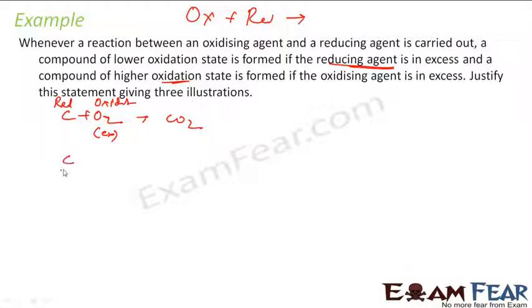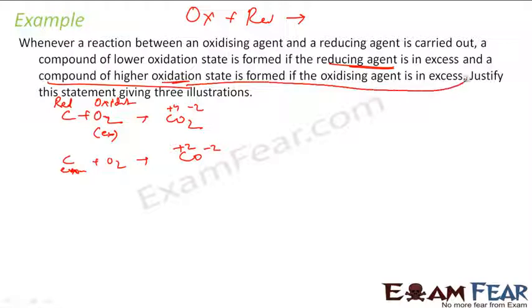And if you put carbon in excess plus oxygen, what you get? CO, right? Limited oxygen if you supply, you get carbon monoxide. So let's see the oxidation number of carbon in this. This is -2, this becomes +4. This is -2, this becomes +2. So you see here, with more oxidant, you get higher oxidation number, right? So a compound of higher oxidation state is formed if the oxidizing agent is in excess.